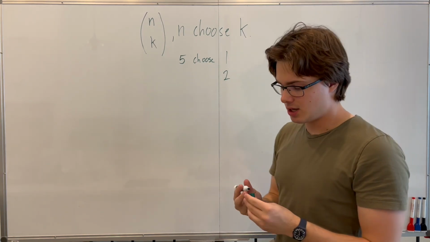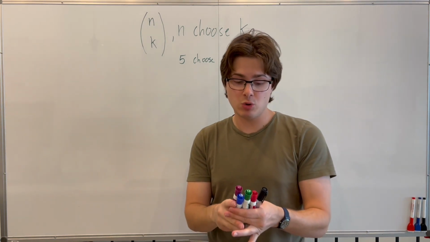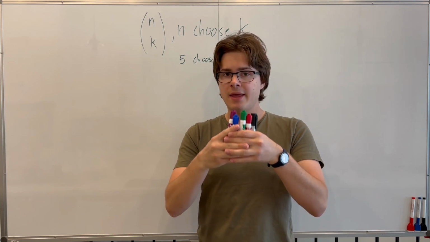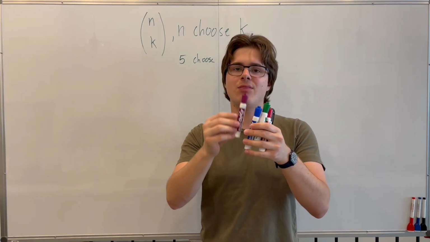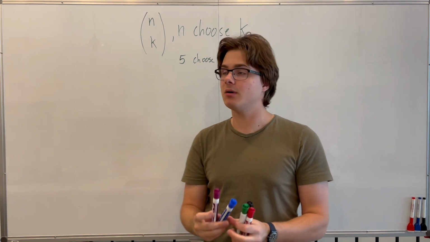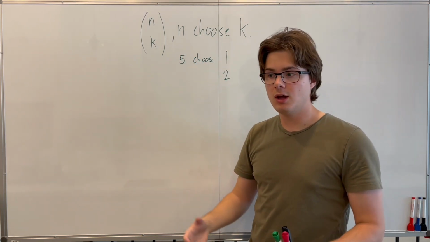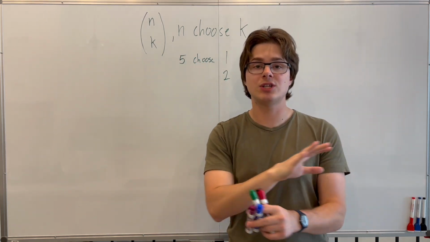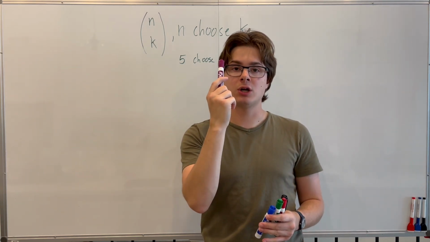That is important. This notation does not mean that when you have 5 markers to choose from and you're choosing 2, you first choose 1, put it back, and then choose another. Because you're grabbing them at the same time, when you're choosing 2 out of your 5, they have to be 2 different, 2 distinct markers. It cannot be that you choose the purple marker twice.